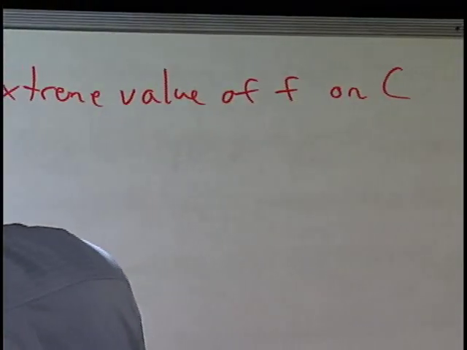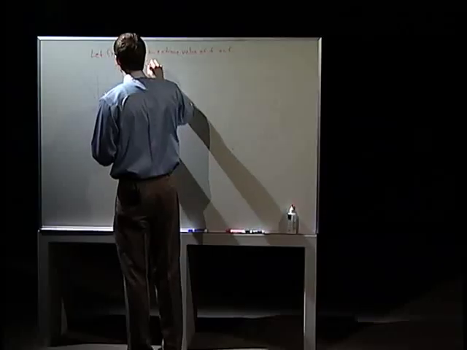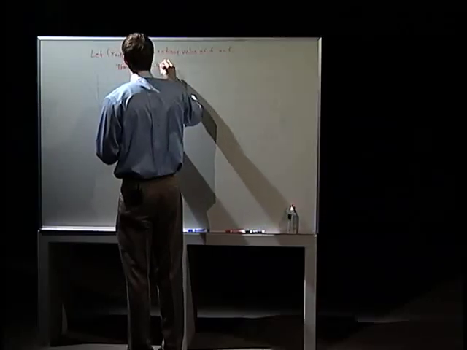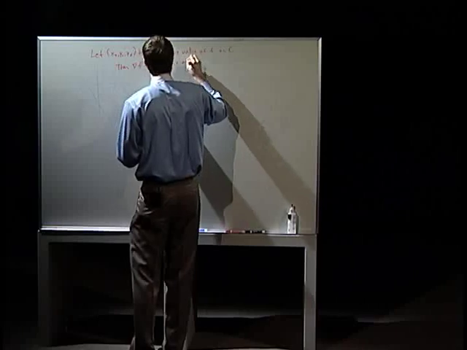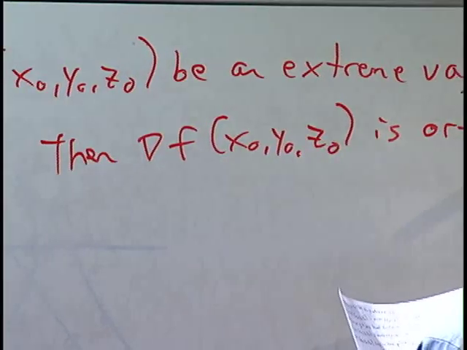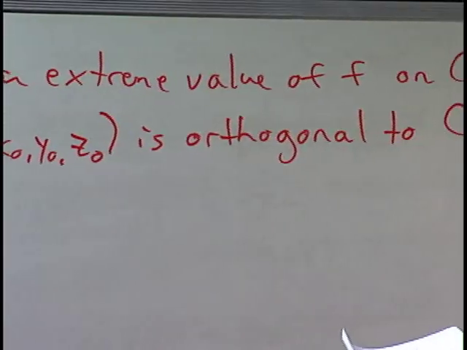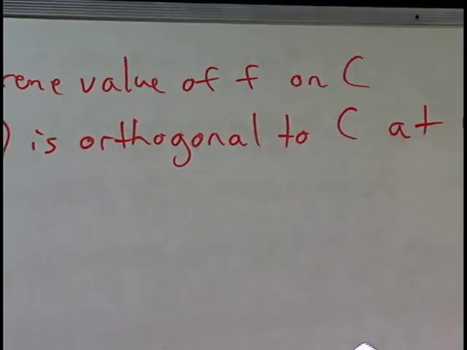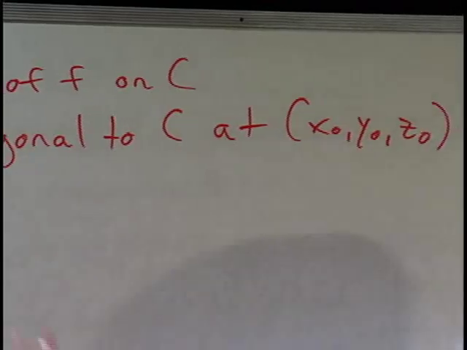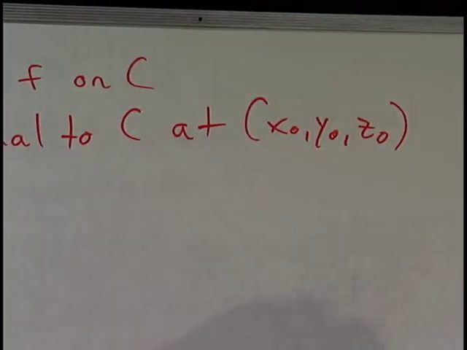Well, we know that the gradient of f at x naught, y naught, z naught is orthogonal to C at that point, right? That's the same thing we had before, so gradient's orthogonal to each level curve, right?